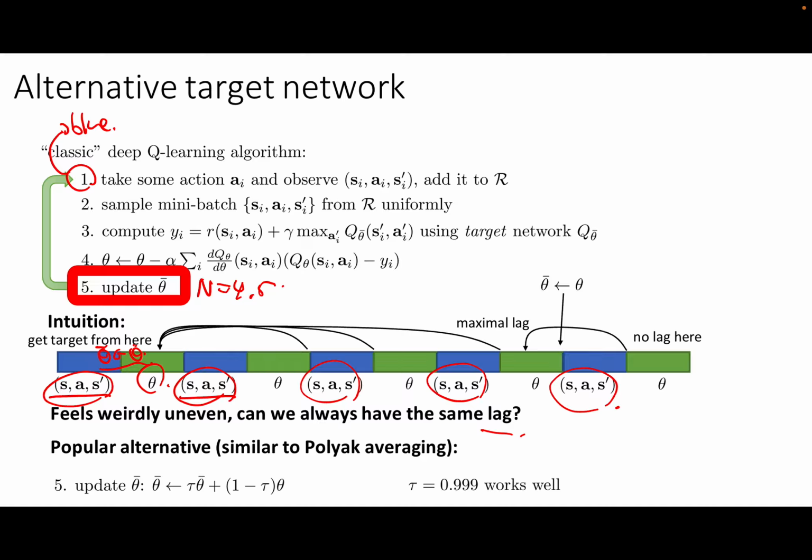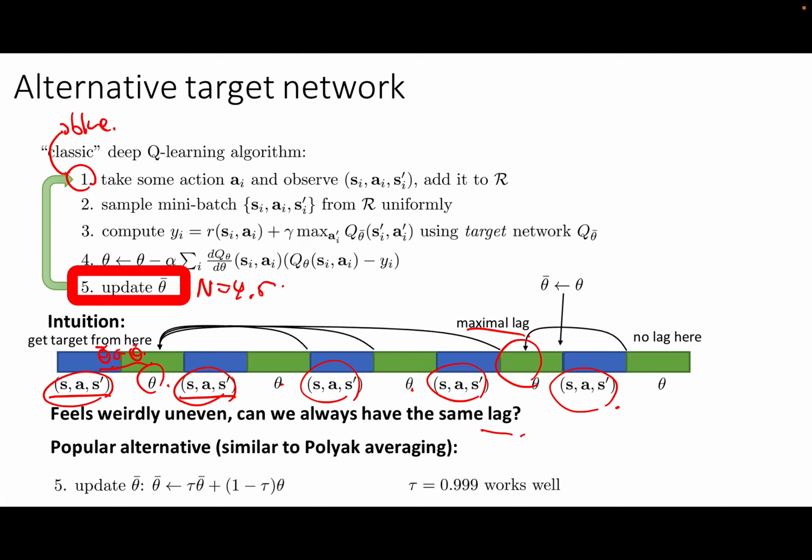But as we proceed with training, as we fix the target network, as we fix Q theta bar, and then we update theta bar every n steps, theta bar is fixed at the old time step, although theta is updated. So here, there is maximal lag.